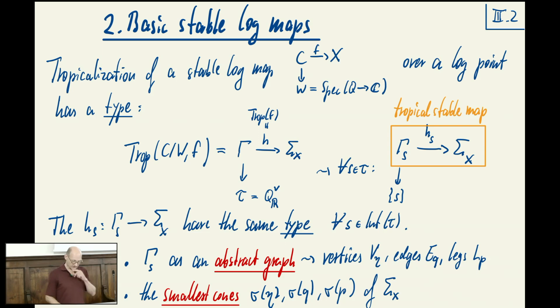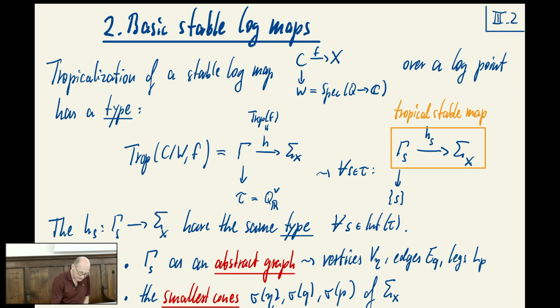So you just said this, the tropicalization of a stable log map over a log point gives some map of cone complexes. Actually, I'm mixing notation now. I didn't want to write this as, this is not good. I wanted to write this as sigma C. The fibers are gamma, okay?